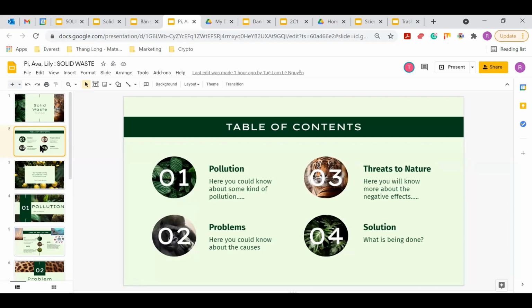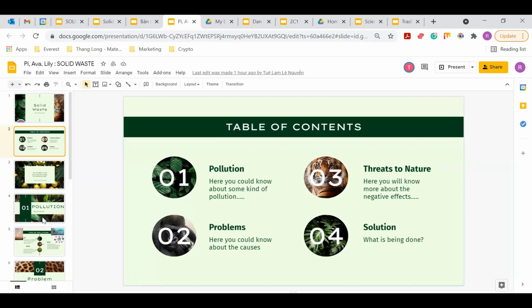The next one is about the problem that it caused, and the third one we will go deeper into the problems that is called threats to nature made by pollution. And the fourth one sums up the different solutions that we think could help stop pollution.